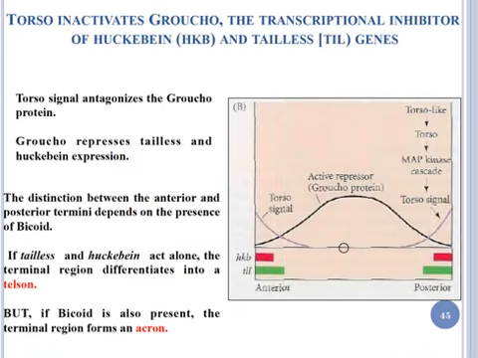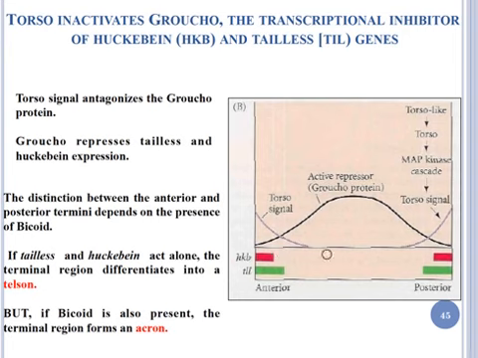So in this slide you can see that the torso gene is expressed only in these unsegmented regions. Okay, right here anteriorly and right here posteriorly we have torso. But in the middle, in the segmented part, we don't have any torso expression.